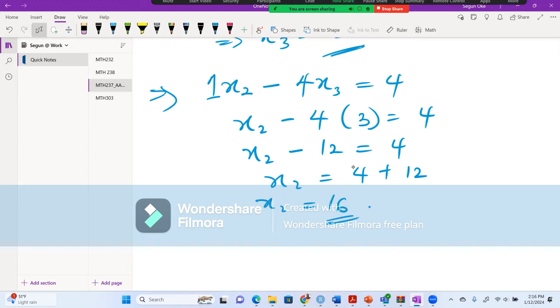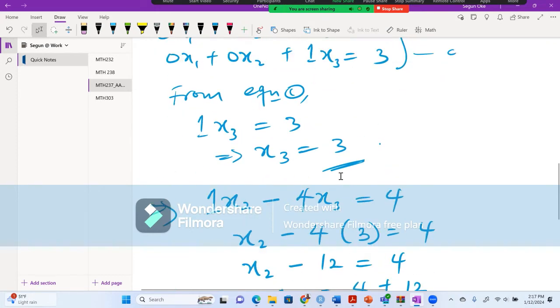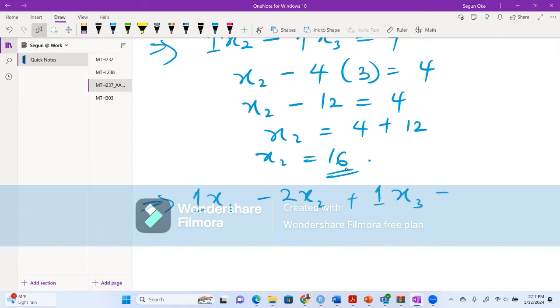Now we know s2 and s3, so we need our x1. Which of the equations contains x1? You can see equation A is the one that contains x1. We put s2 and s3 there, then we have our x1. So we have 1x1 minus 2s2 plus 1s3 equals 0. We now plug s2 and s3 there.